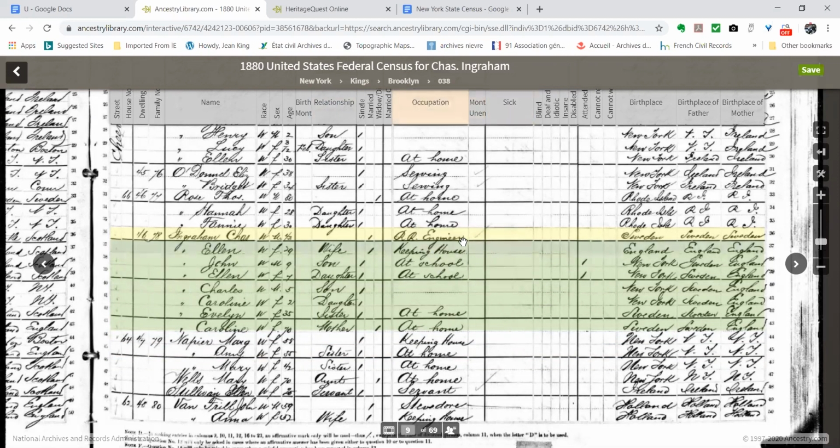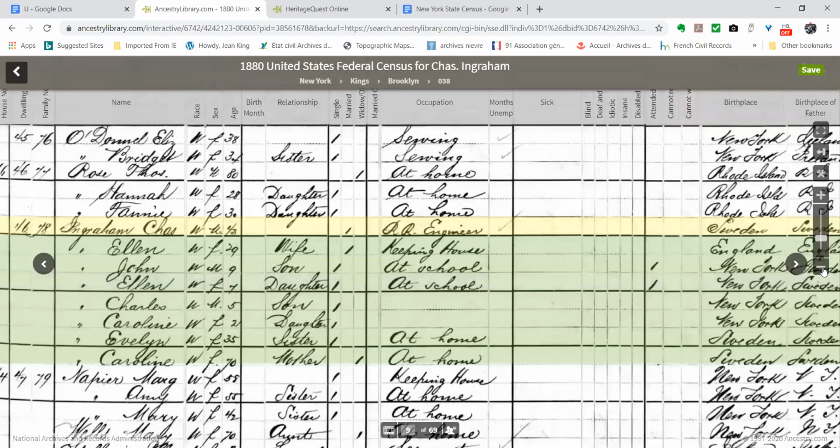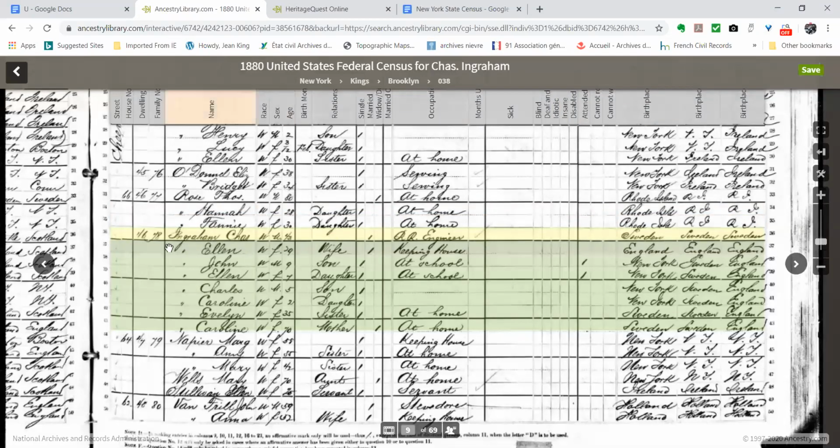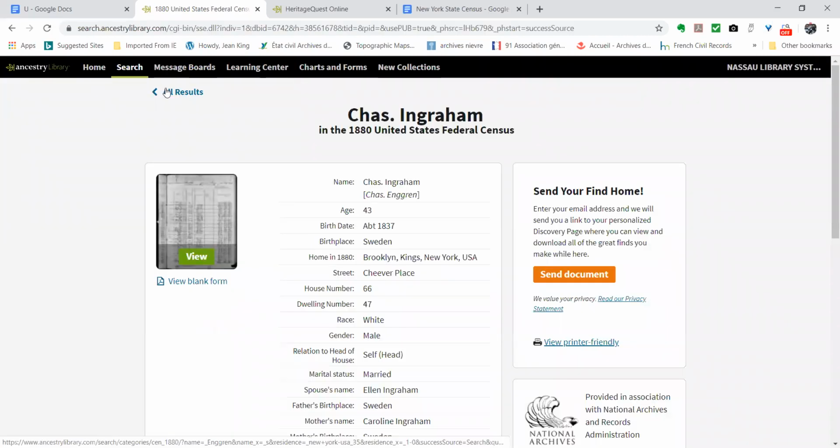And he was, I think, probably railroad engineer. But the census enumerator themselves is the one that spelled the last name wrong in this case and not the indexer. So I can't blame the indexer on this one.